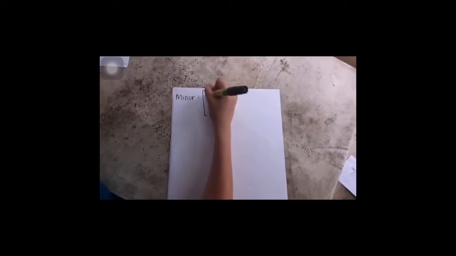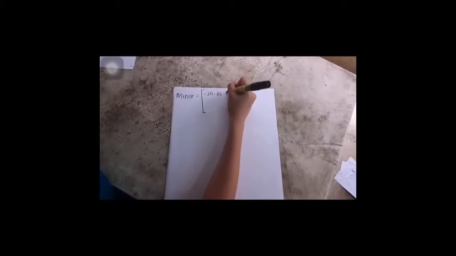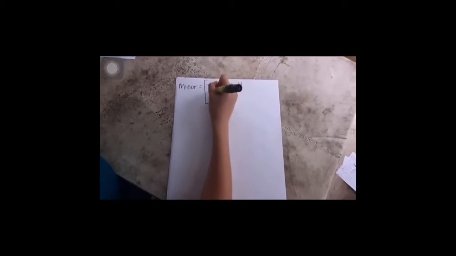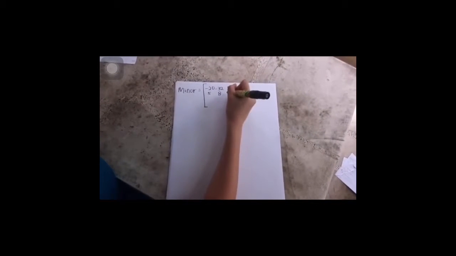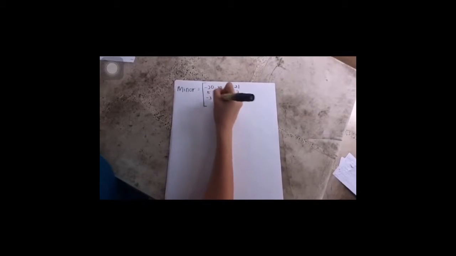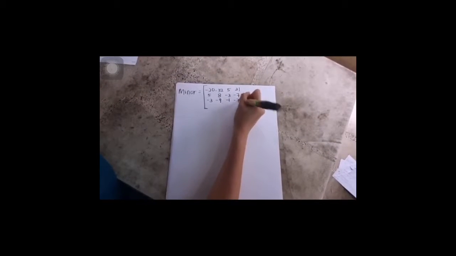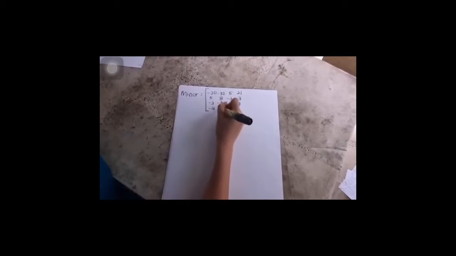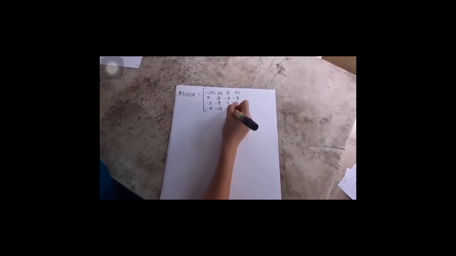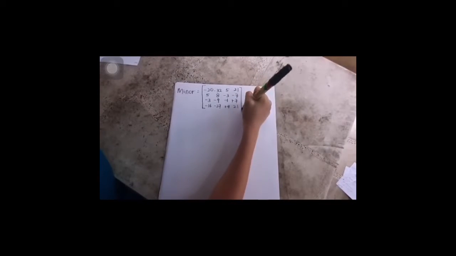So the minors that she had gotten using this method are negative 20, negative 32, 5, 21, 5, 8, negative 3, 7, negative 7, negative 3, negative 9, negative 1, positive 7, negative 16, negative 27, positive 4, and negative 21.